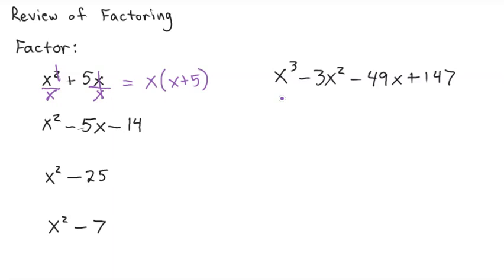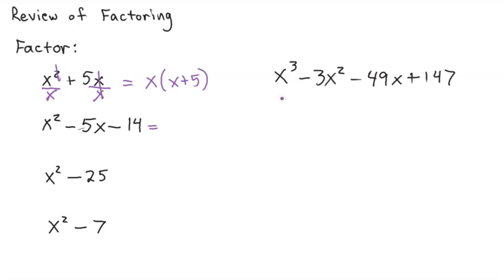So what we've done is we've undistributed. If we were to distribute this x, it would be x times x is x squared, and then x times 5 is 5x, which is what we started with. So all we really did was we took one x out of it, and we came up with x times x plus 5.